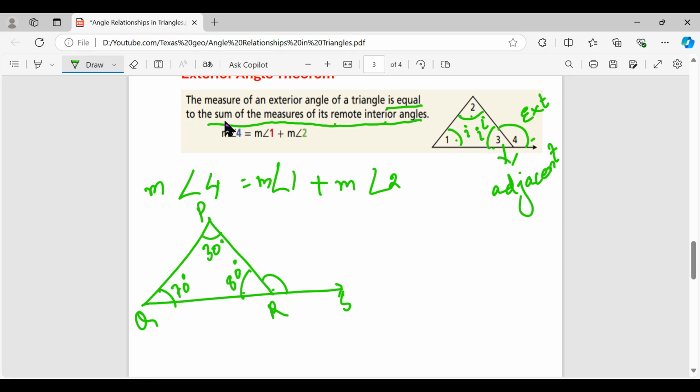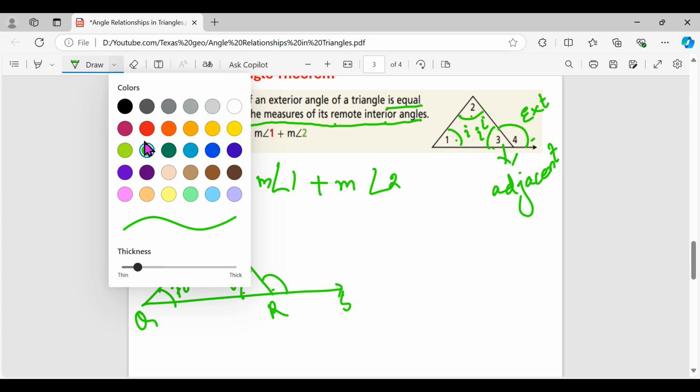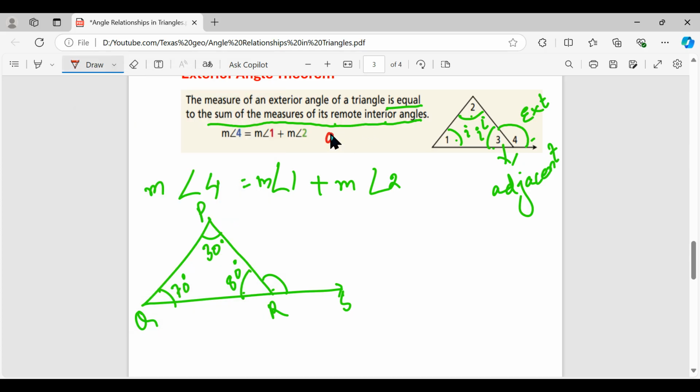So based on this theorem, the measure of an exterior angle of a triangle is equal to the sum of the measures of its remote interior angles, or you can also say the sum of its opposite interior angles. Both mean the same: opposite interior angles.